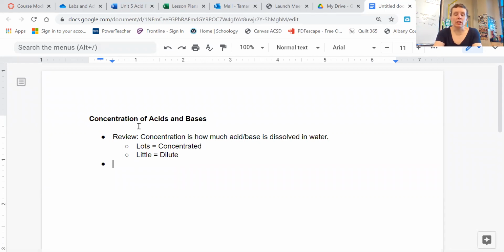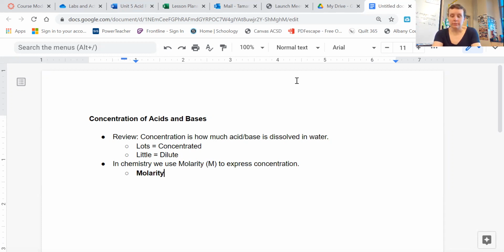So we're going to use a value in chemistry. We use molarity, which is just a capital M as a unit, to express concentration. And we'll just define that right here. Molarity. Again, capital M. We don't use a lowercase m, that's meters, okay?